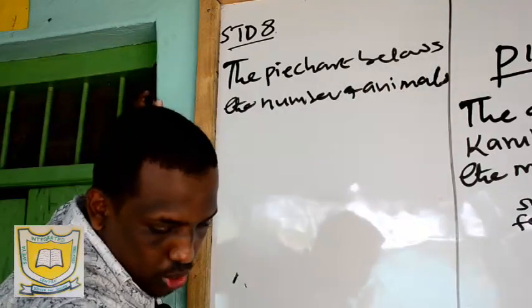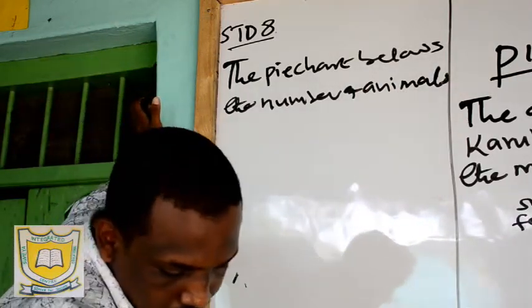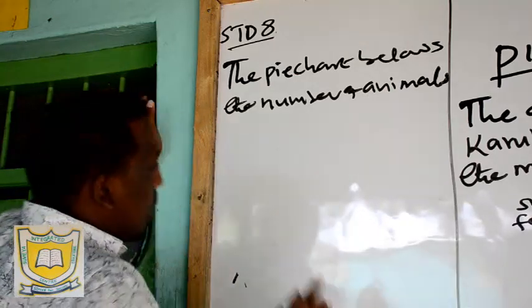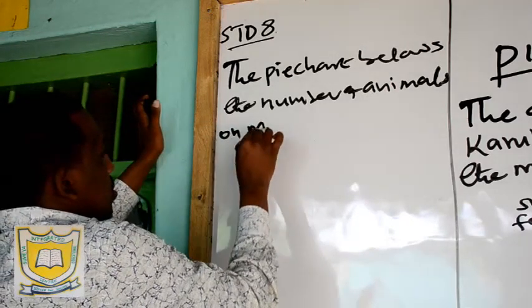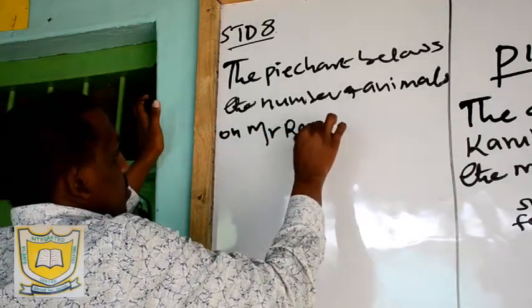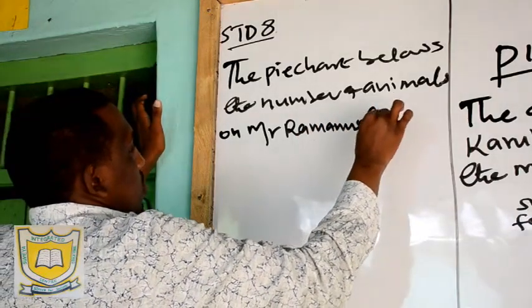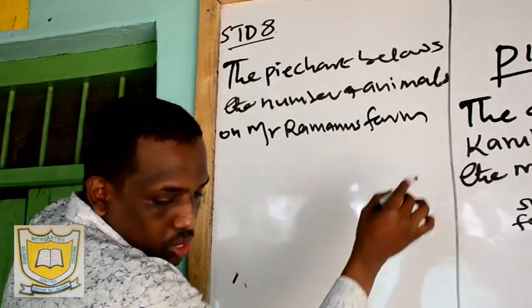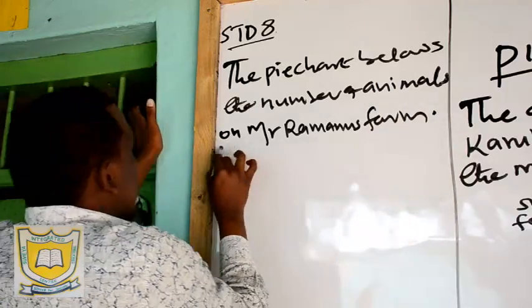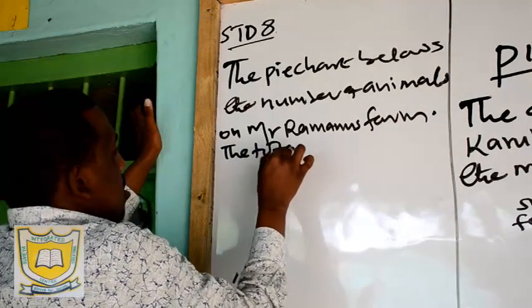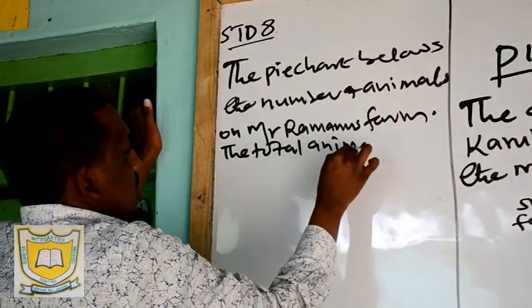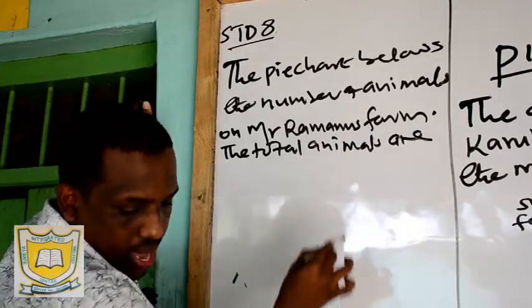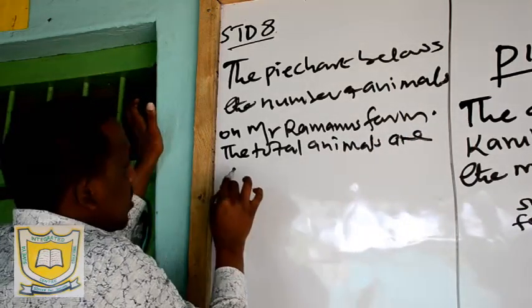The pie chart below shows the number of animals on Mr. Ramana's farm. On Mr. Ramana's farm, the total animals are 6,500.